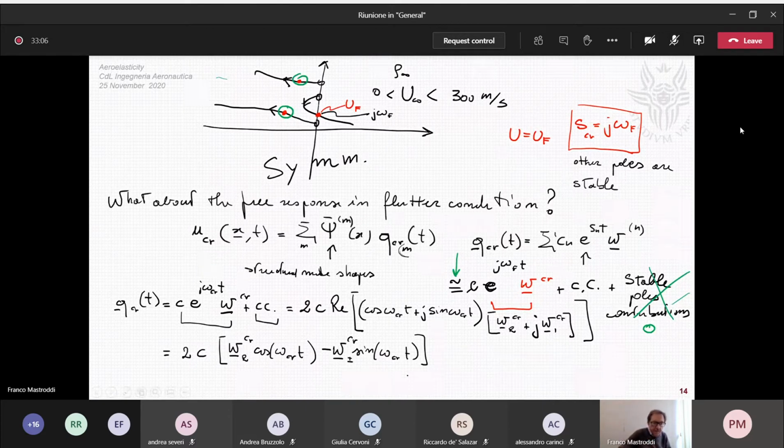And this is the time history of our system in critical condition, avoiding the contribution of the stable part.